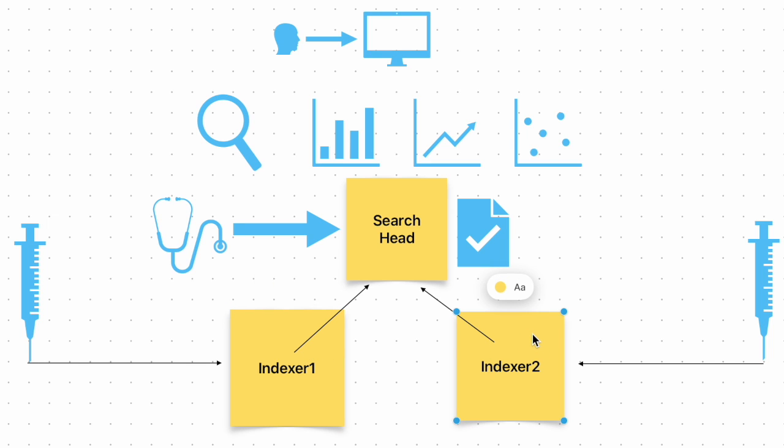You can assign this, but it's better to have the search head as monitoring console and license master, because in a production environment, indexers should not have the GUI enabled.